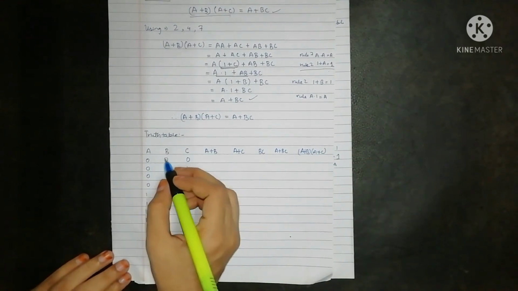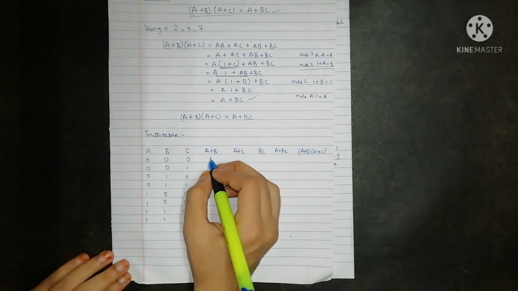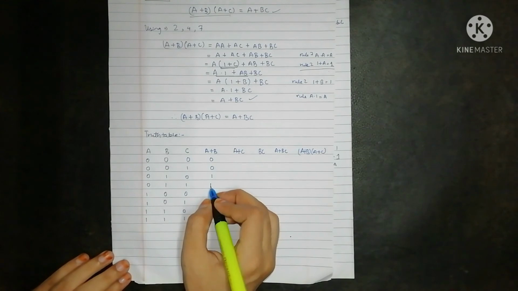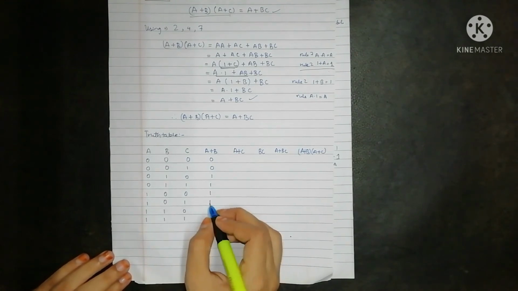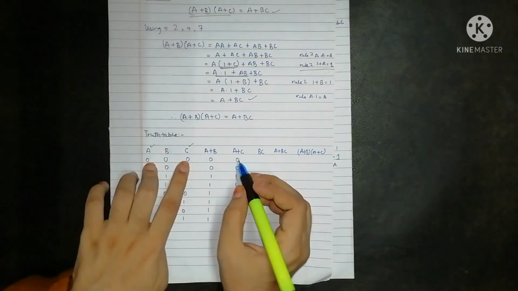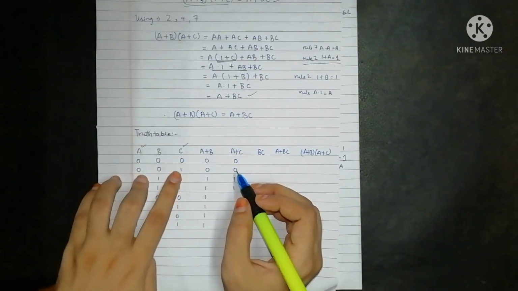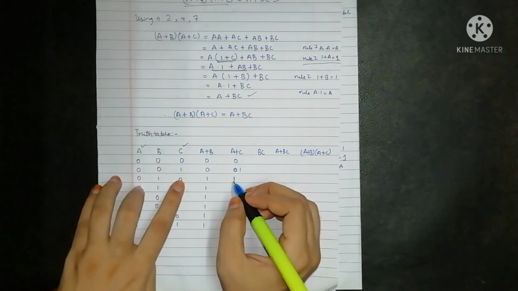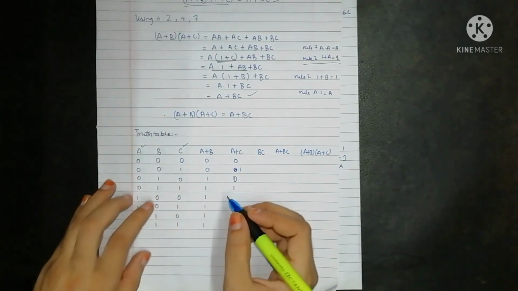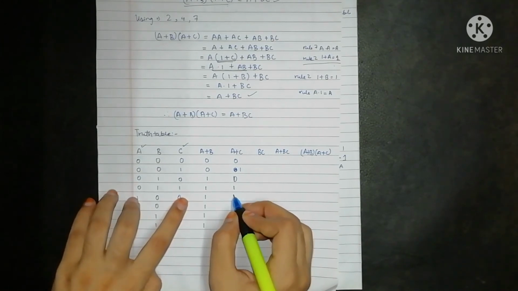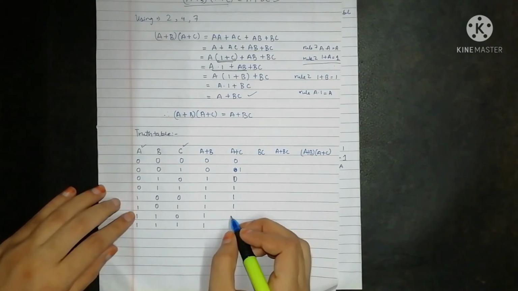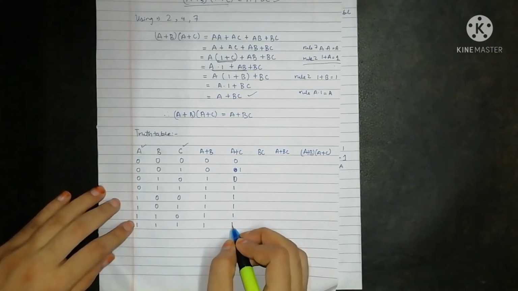First A + B, so sum of both the inputs: 0 + 0 is 0, 0 + 0 is 0, 0 + 1 is 1, 0 + 1 is 1, 1 + 0 is 1, 1 + 0 is 1, 1 + 1 is 1, 1 + 1 is 1. Then A and C: 0 + 0 is 0, 0 + 1 is 1, 0 + 0 is 0, 0 + 1 is 1, 1 + 0 is 1, then 1 + 1 is 1, 1 + 0 is 1, 1 + 1 is 1.